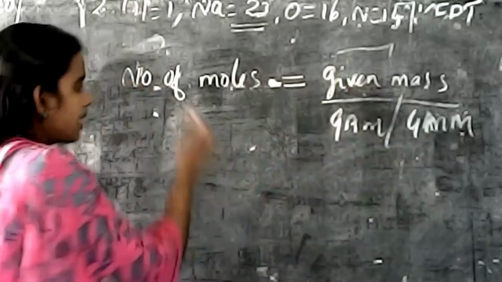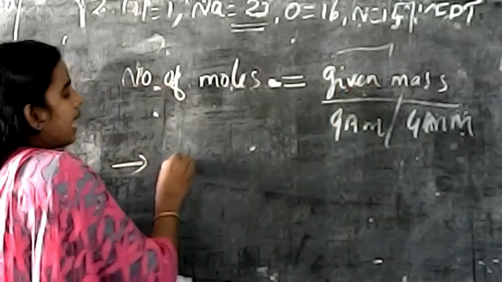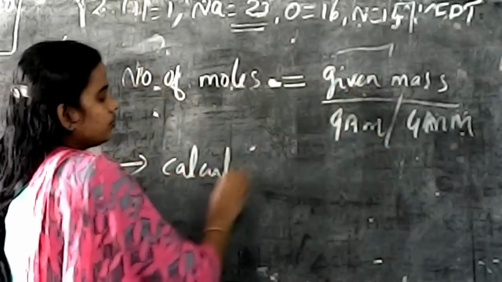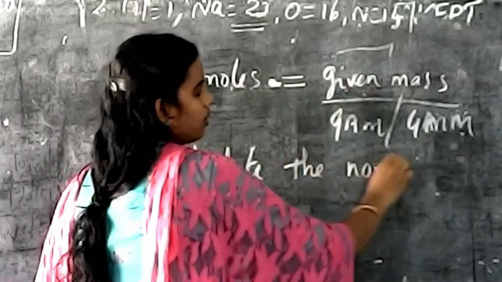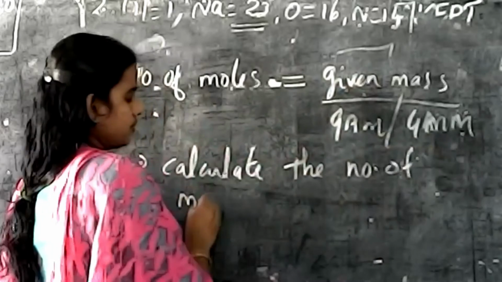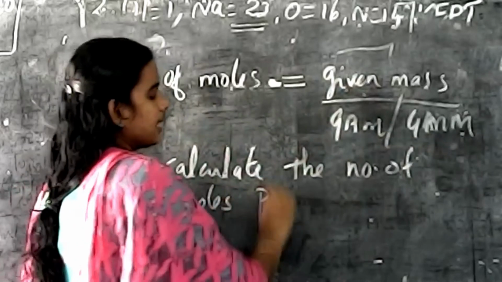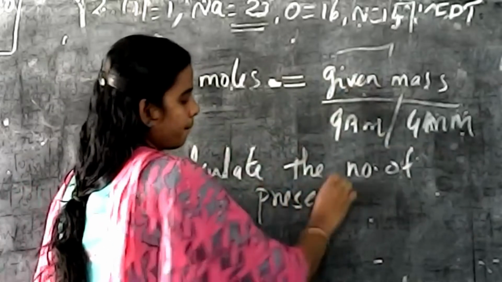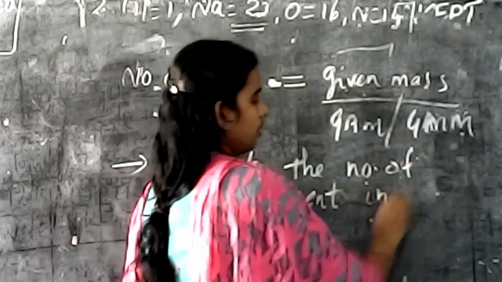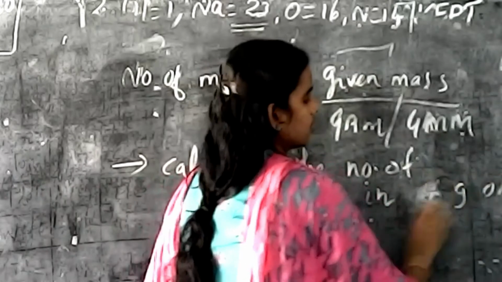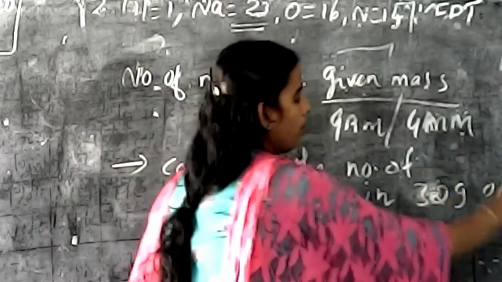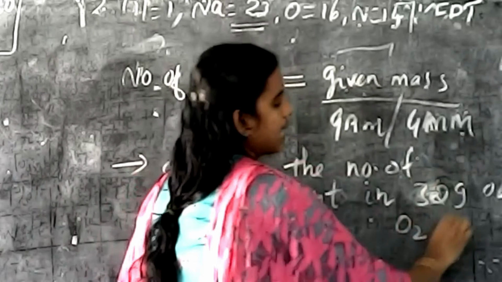Okay. Let me see one example. Calculate the number of moles present in 32 gram of oxygen atom.